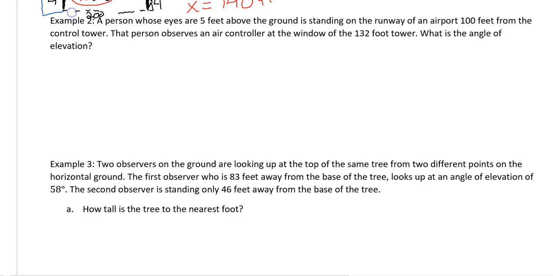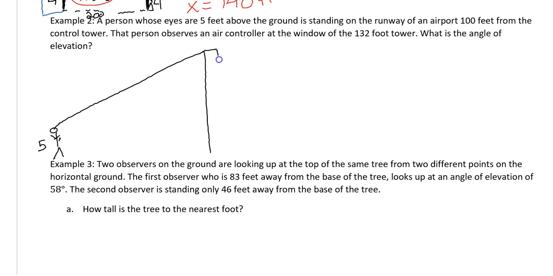This one, again, is kind of tricky, so let's draw it. I have a person who is 5 feet tall, looking at our lovely control tower, and he's looking at a person up here. The tower is a total of 132 feet tall, and he's 100 feet from the control tower.